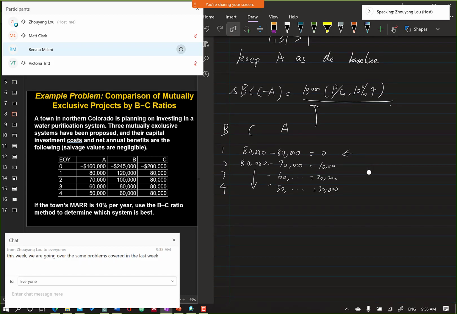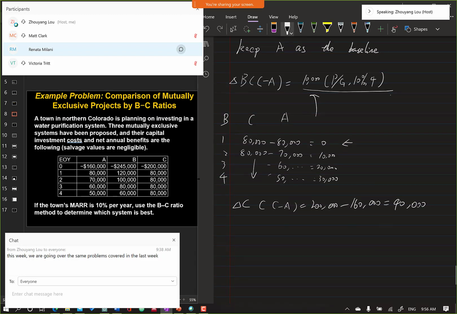And for delta C, C minus A, the cost of project C minus cost of project A, that would just be 200,000 minus 160,000. So that would just be 40,000. Then we can just plug in those numbers.